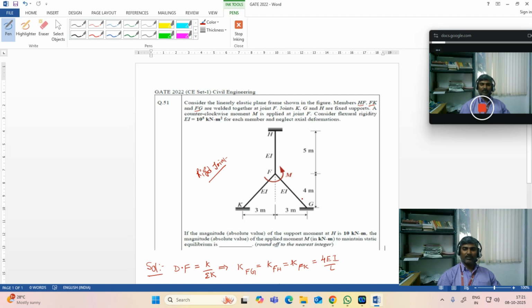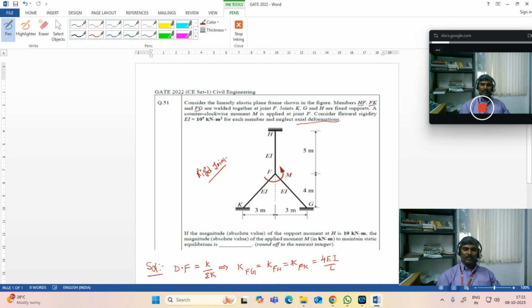These are fixed joints. A counterclockwise moment M is applied at joint F. Consider flexural rigidity for each member as 10 power 5 kilonewton meter square and neglect axial deformations.